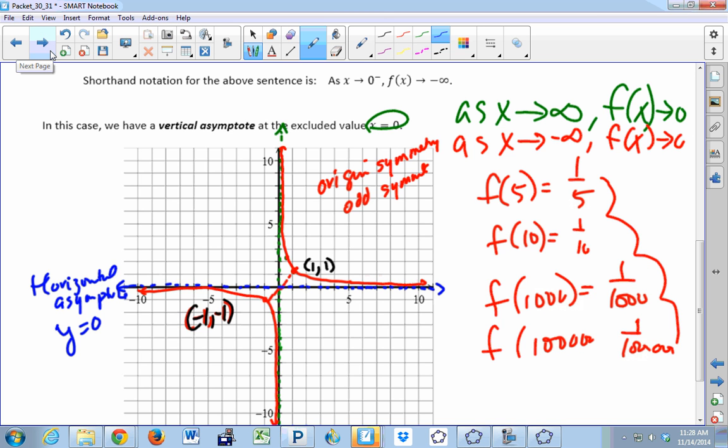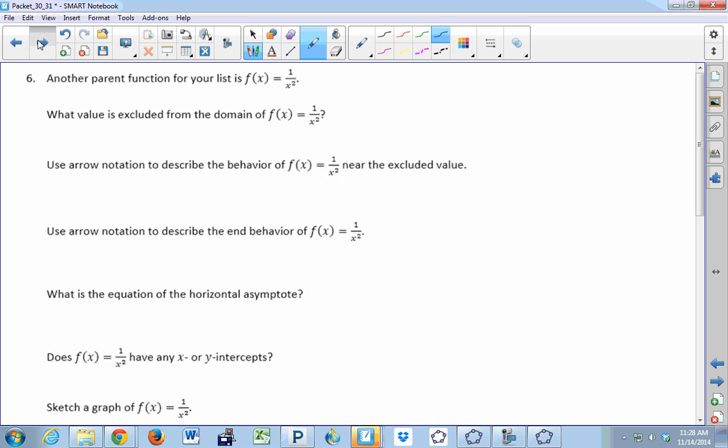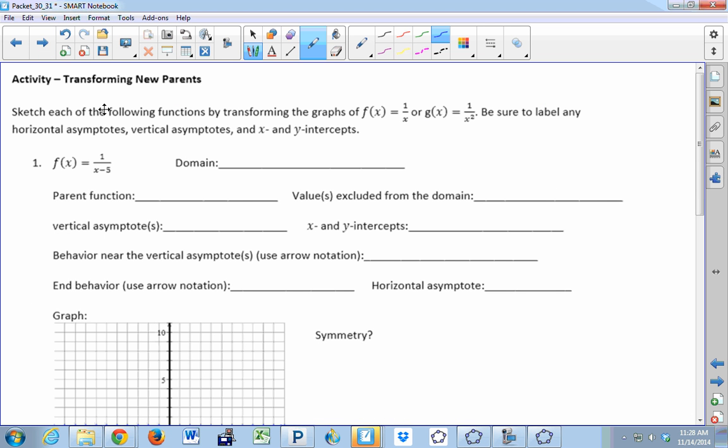So let's take a look at your very first exercise today. Keep this picture in mind. This is the picture you want to keep in mind as a parent function. If you look at your very first activity right here, what parent function am I transforming here? 1 over x or 1 over x squared? 1 over x.